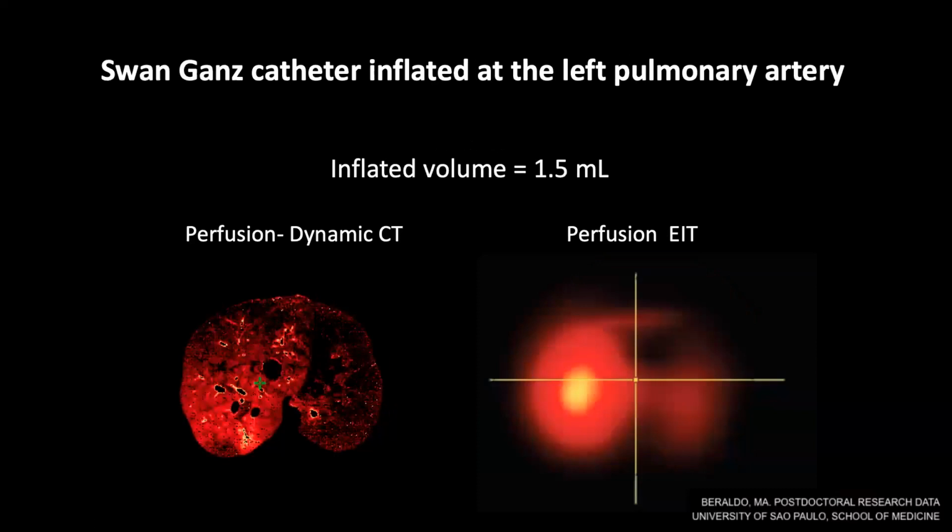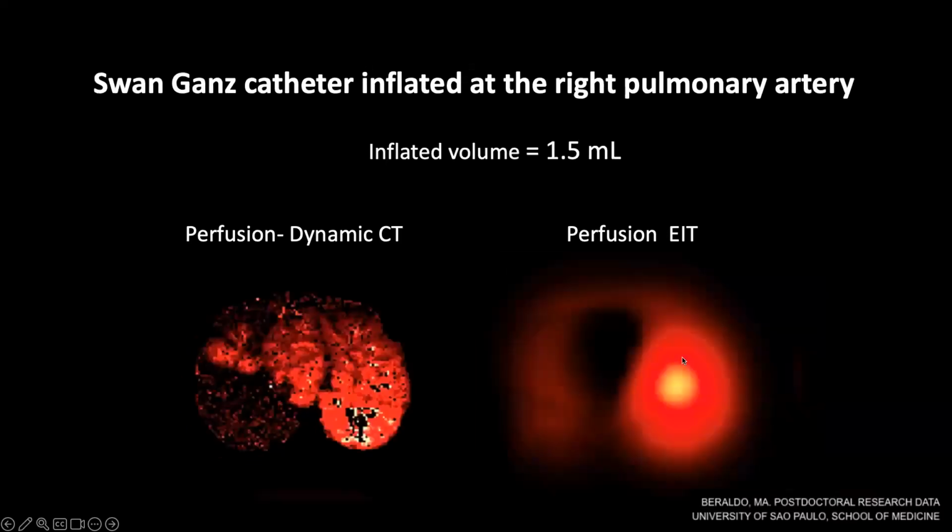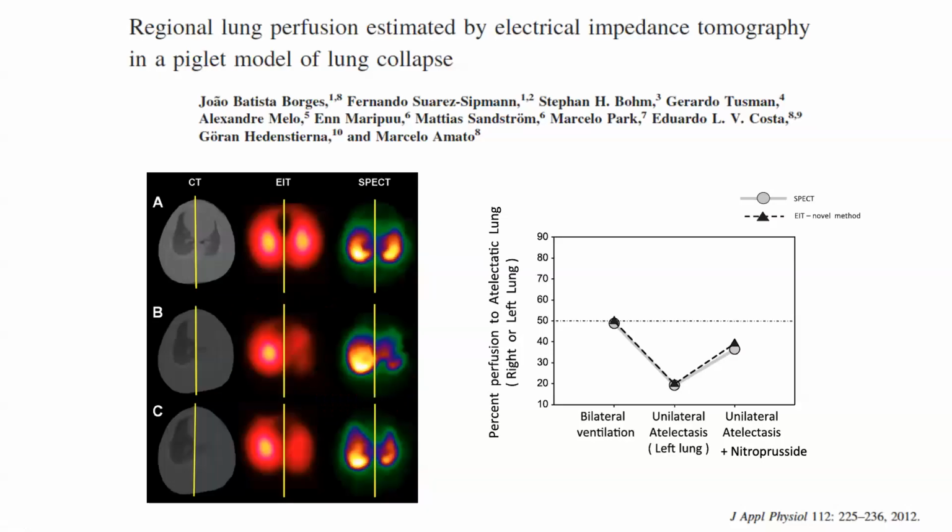Then our colleague inflated a Swan-Ganz catheter into the left pulmonary artery, and as you can see, CT is showing a reduction in perfusion in the left lung, and the EIT is agreeing with this difference in perfusion. Then we place a catheter into the right pulmonary artery. And again, we have some change in perfusion distribution, and both methods are suggesting the right spot of perfusion assessment.